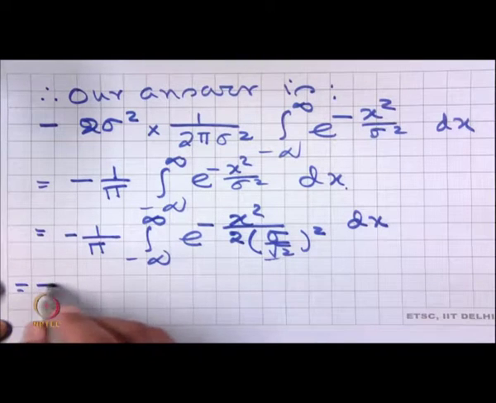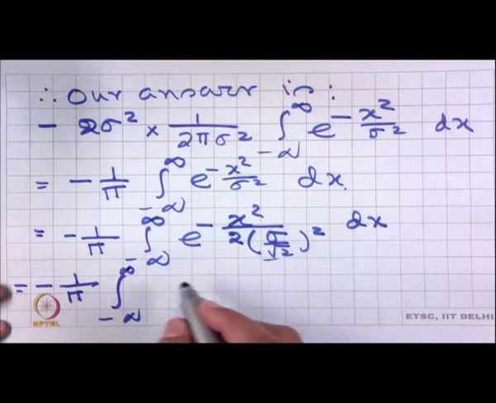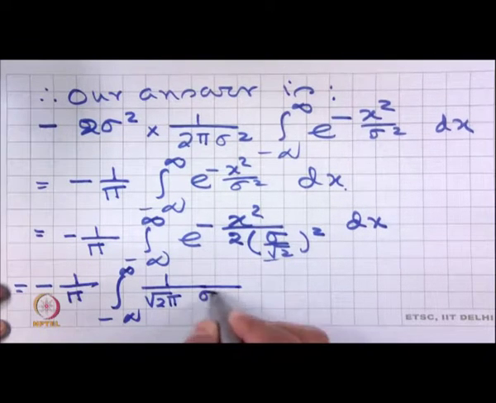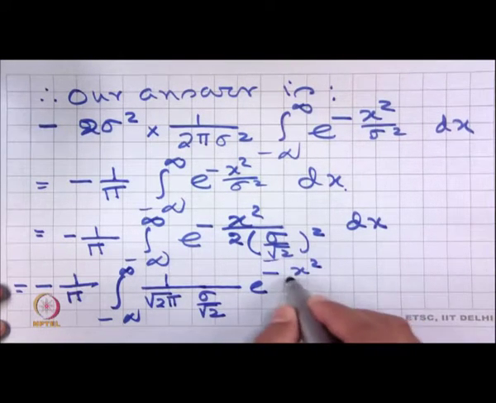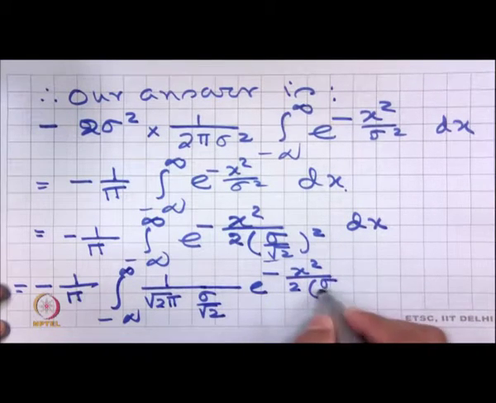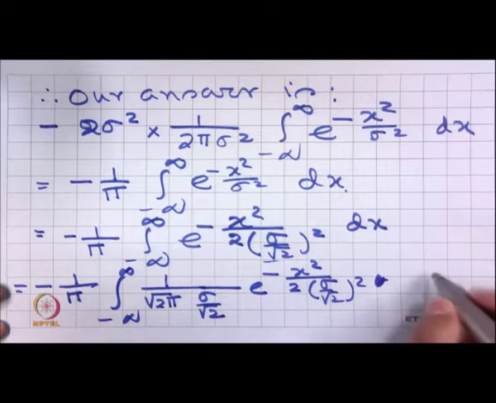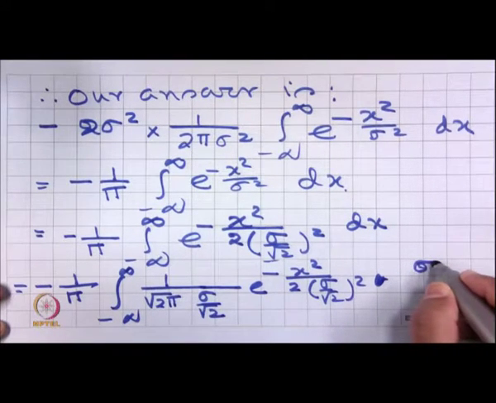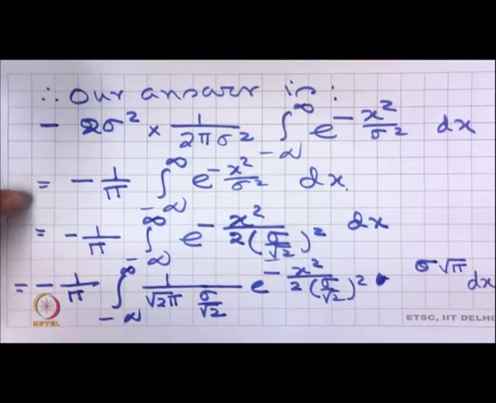So, let me write it as 1 over pi, the integration from minus infinity to infinity of 1 over root 2 pi sigma over root 2, e to the power minus x square upon 2 into (sigma over root 2) whole square, multiplied by, to compensate for this, I write sigma root pi, because this cancels and this gives me sigma root pi, dx.